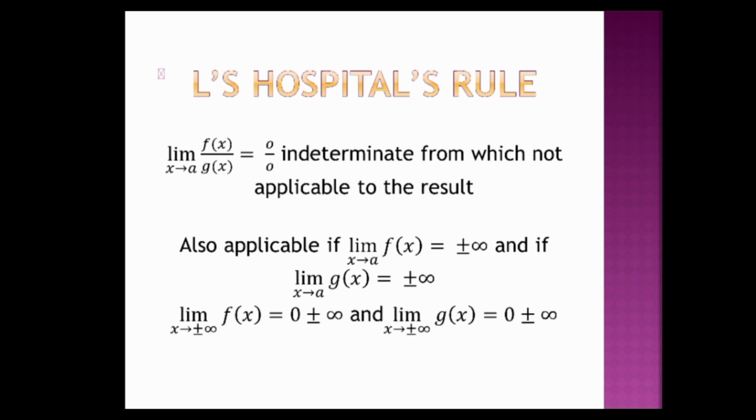L'Hopital's rule is also applicable if the limit of f of x as x approaches a is plus or minus infinity, and the limit of g of x as x approaches a is plus or minus infinity, and likewise if the limits of f of x and g of x as x approaches plus or minus infinity are 0 or plus or minus infinity.